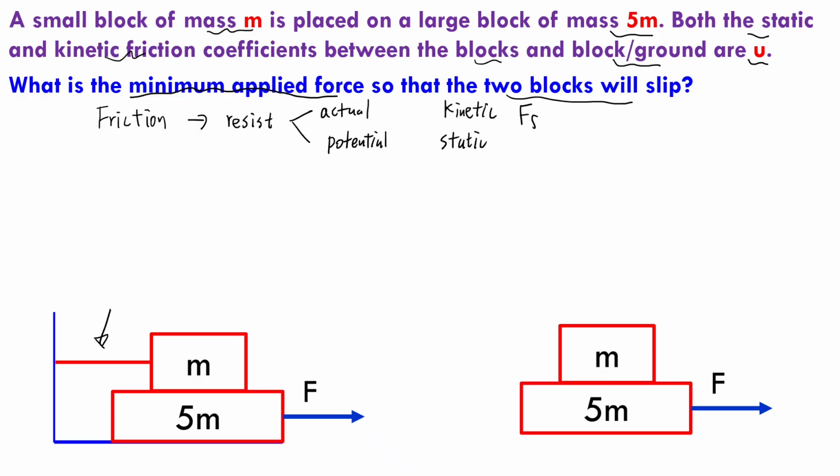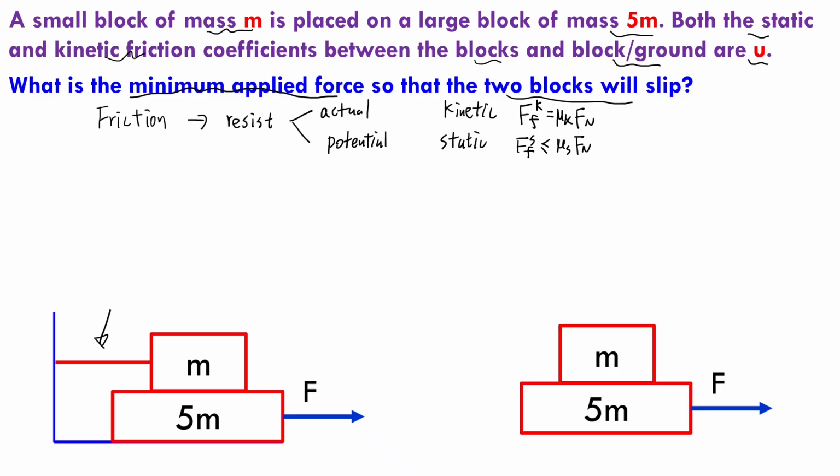We know the kinetic friction equals mu k times the normal force. And we know the static friction force is smaller or equal to mu s times the normal force. With all this knowledge, we should be able to tackle these two setups.